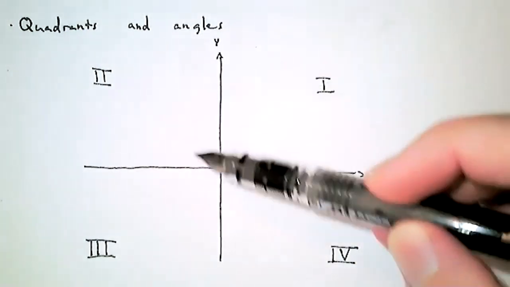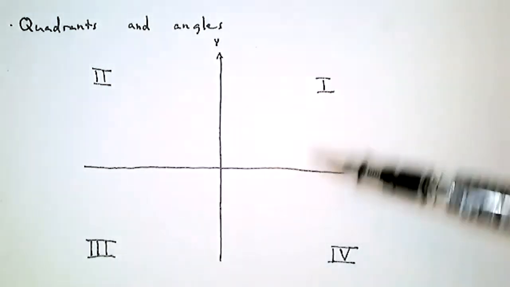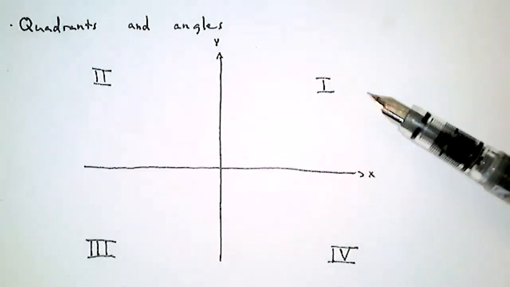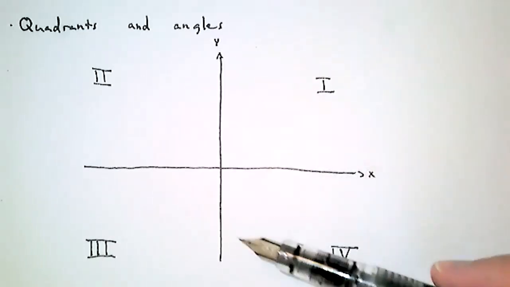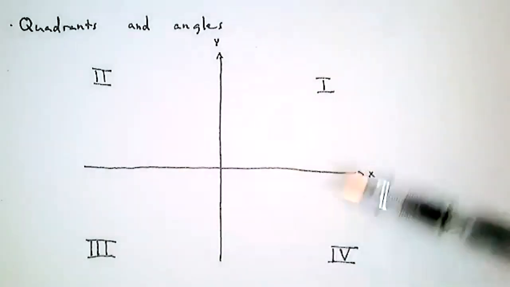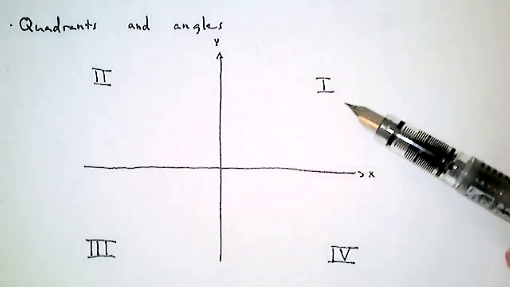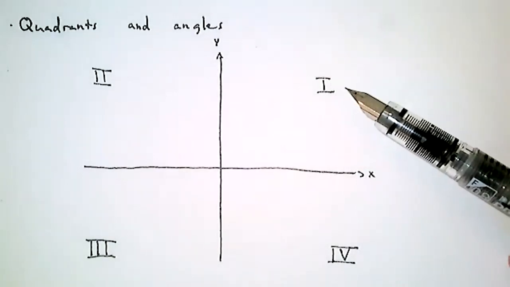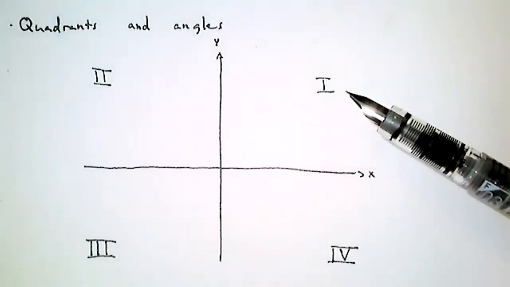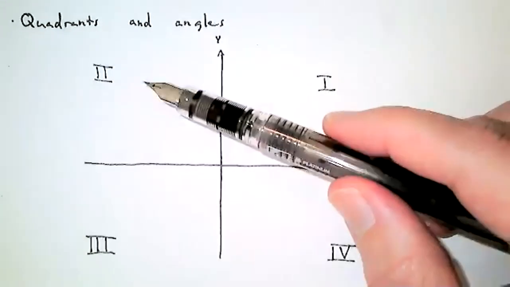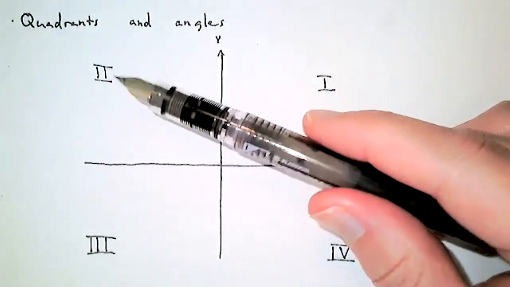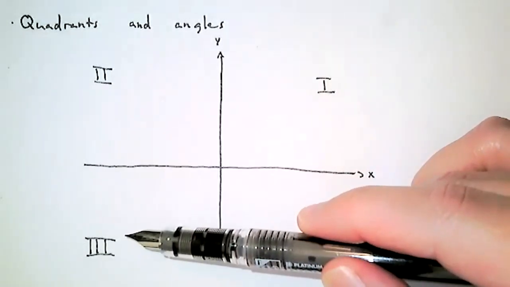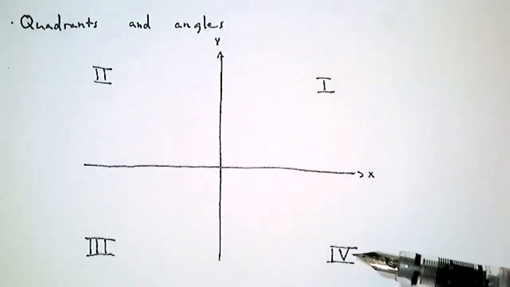We take the XY plane, the standard two-dimensional plane, and we label the segments that the axes divide it into like this. So we start on the upper right, we label it 1, the Roman numeral 1, and then we work around counterclockwise. The upper left is 2, bottom left is quadrant 3, bottom right is quadrant 4.